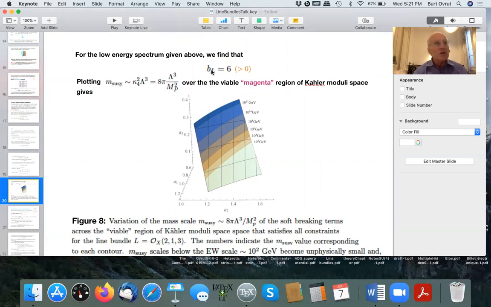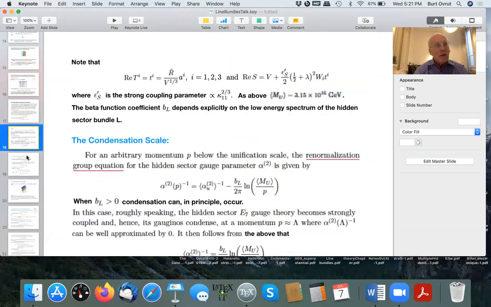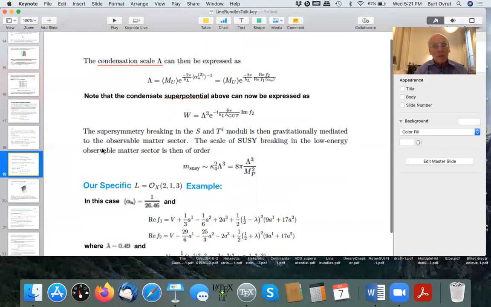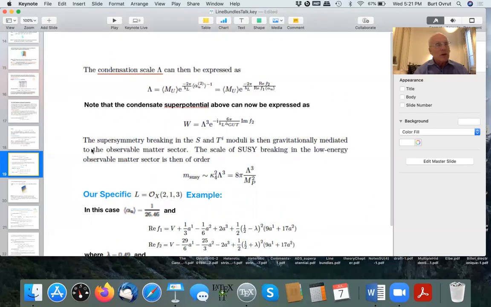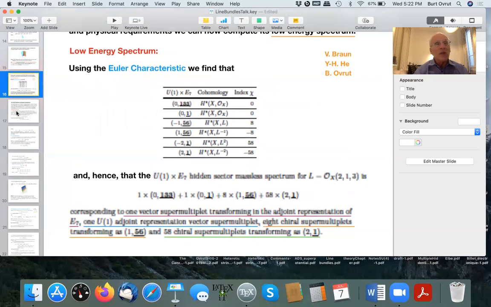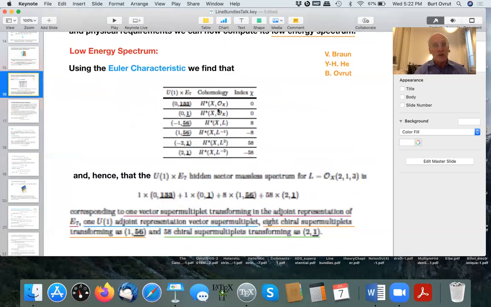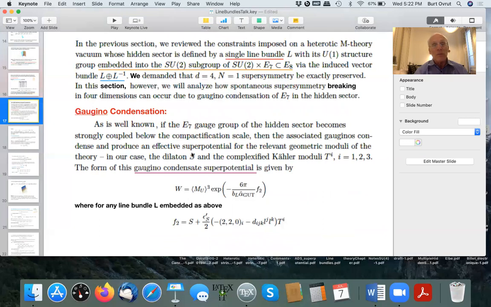Let me just say, because I probably didn't say it, because it got lost somewhere here. Okay, well, I don't have time, but let me just point out that for this particular choice of low energy models, one can work out what B of L is.